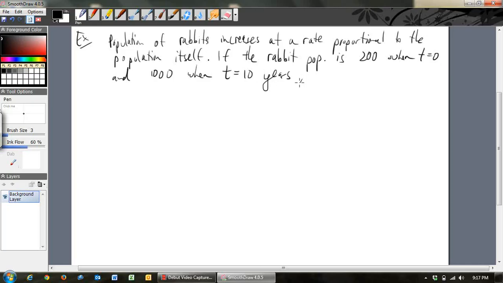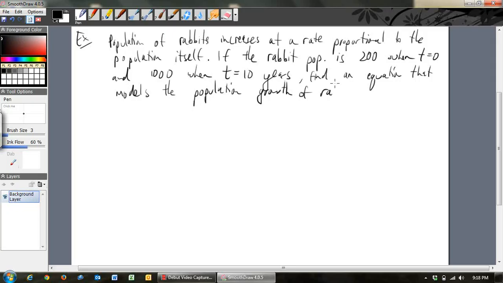Find an equation that models the population growth of rabbits.